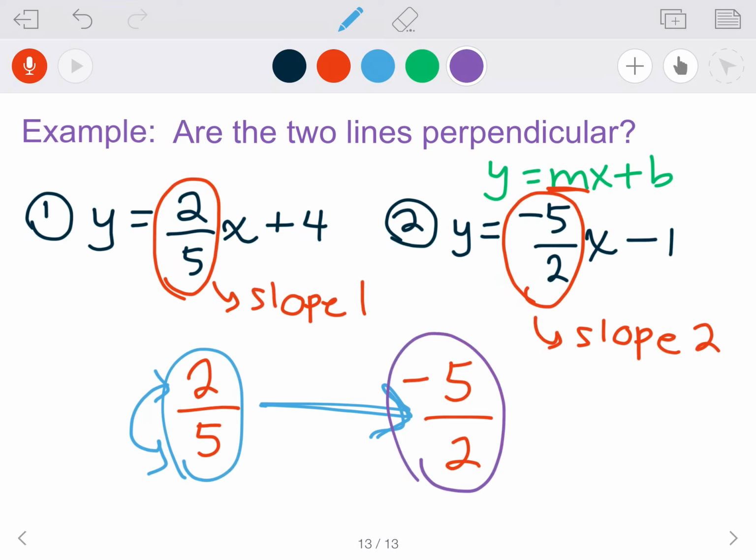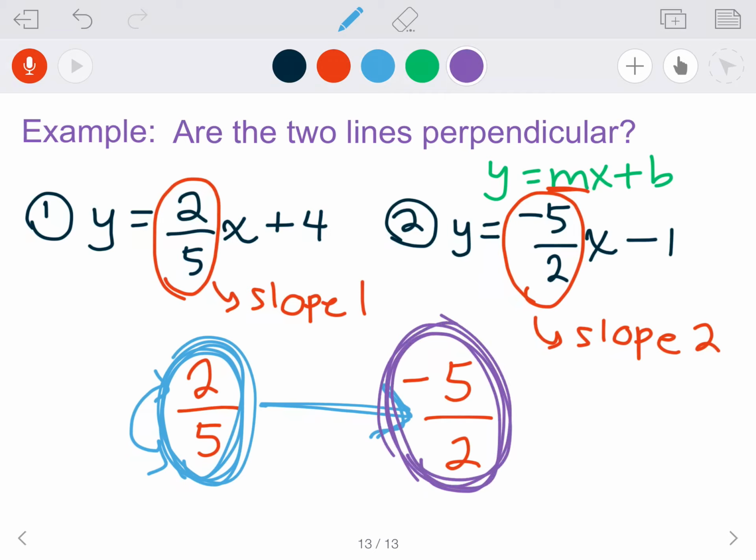So the numbers are in fact reciprocals, and one of those numbers is positive and one is negative. So the two lines are in fact perpendicular because their slopes are negative reciprocals.